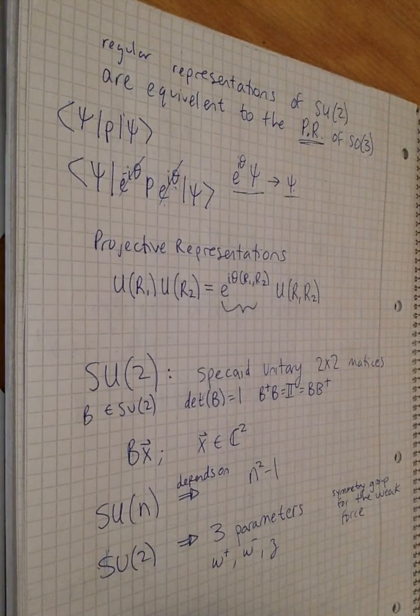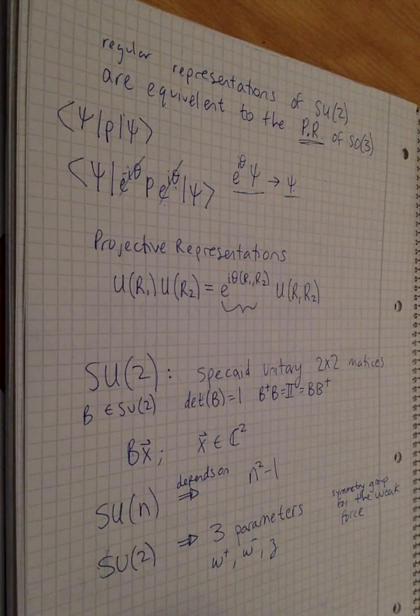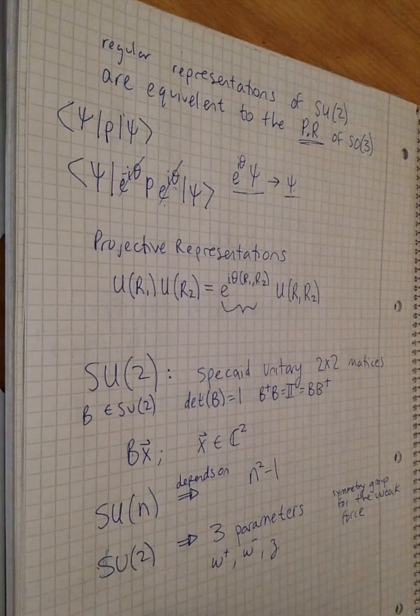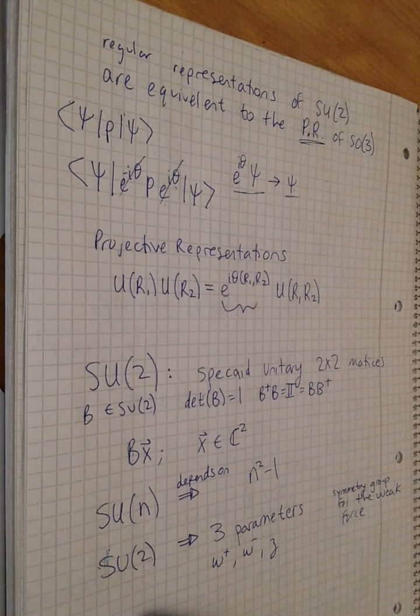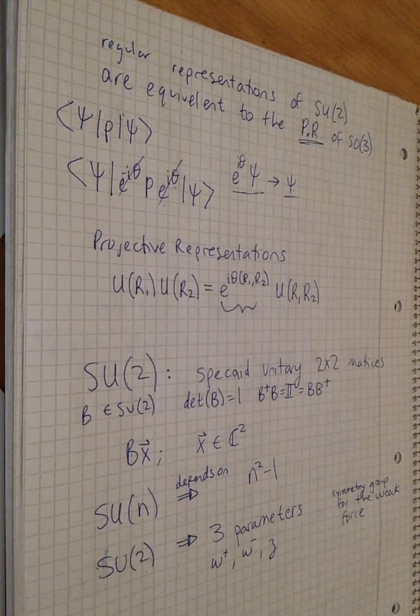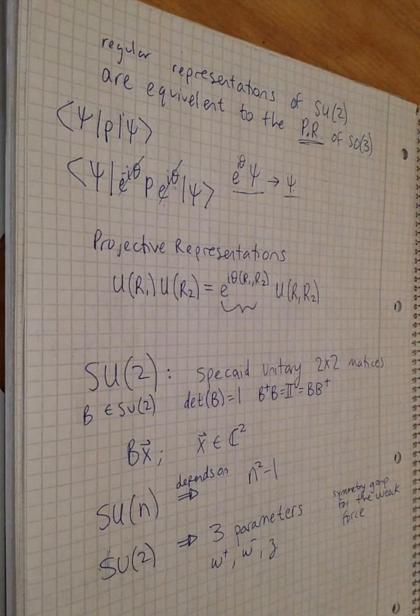This is important. Isomorphic at the identity, yes. So one to one and onto, so they can be mapped at the identity. So SU2 and SO3 share the same Lie algebra.